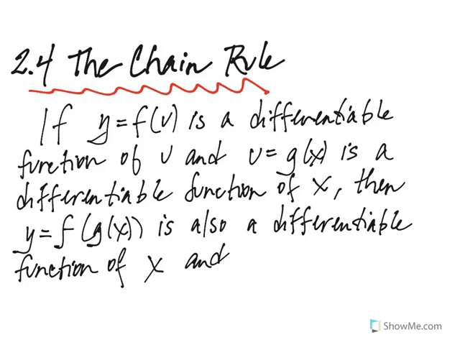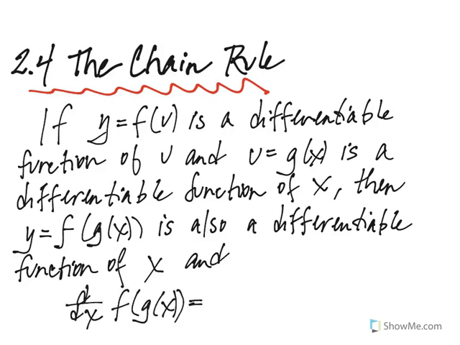So it says if y is equal to f of u, a differentiable function of u, and u is equal to g of x, a differentiable function of x, then y equals f of g of x is also a differentiable function of x. And the following rule is true.